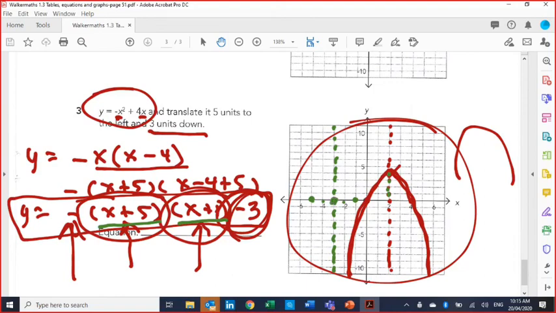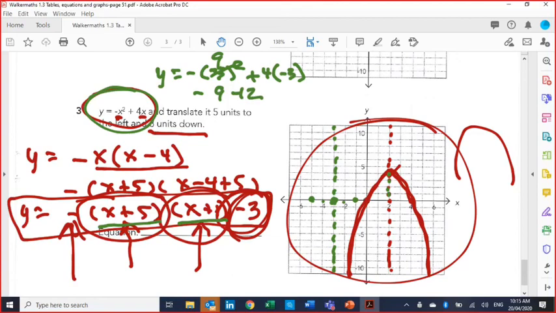That's where x is equal to -3. So just plug it into there. y equals -3 squared plus 4 times -3. It's -9 minus 12 is -21.